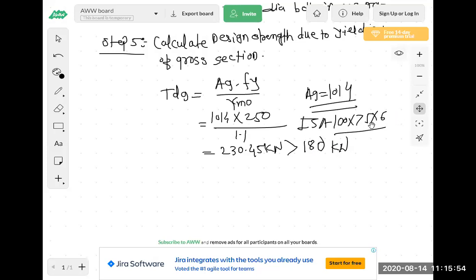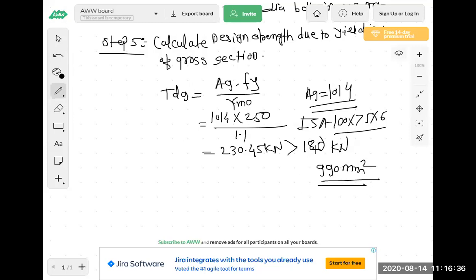See, for this section, the gross area is 1014. The required area for the actual 180 was 990 mm square.